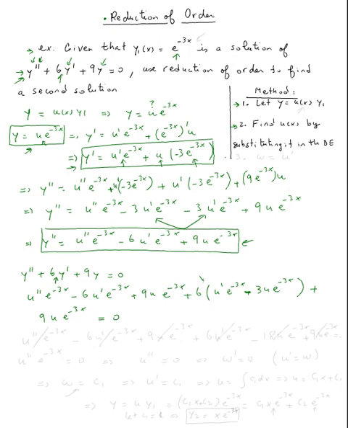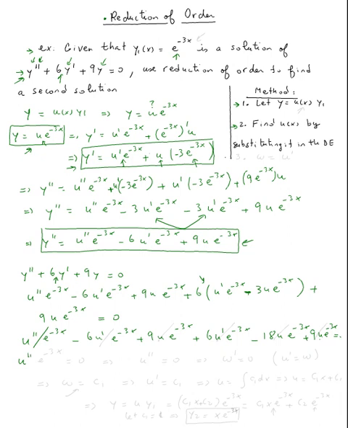So we need to distribute the 6 first. The second derivative of u e to the negative 3x minus 6u prime e to the negative 3x plus 9u e to the negative 3x, and then multiply by 6: distribute the 6, 6u prime e to the negative 3x minus 18u e to the negative 3x, plus 9u e to the negative 3x is equal to 0. Now let's see if anything can be simplified.